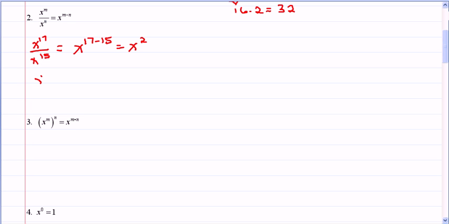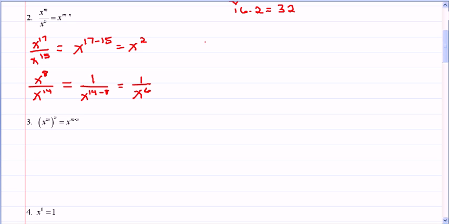Whereas if we had x to the 8th over x to the 14th, since the higher exponent is in the denominator, it would be 1 over x to the 14 minus 8. And so the final answer would be 1 over x to the 6th.